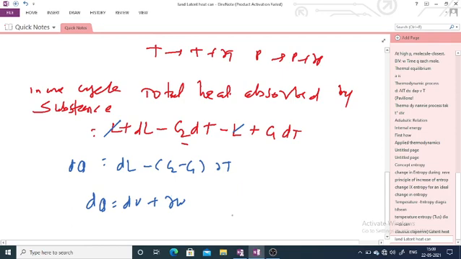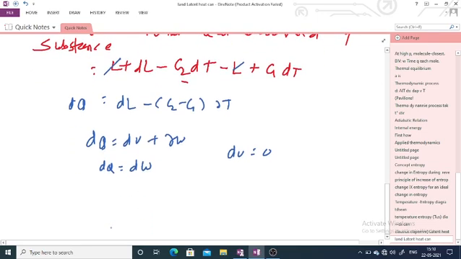It is a cyclic process, so there is zero change in internal energy, because the initial and final states are the same. So dQ is equal to dW, that is, dL minus (C2 minus C1) into dT is equal to dW.